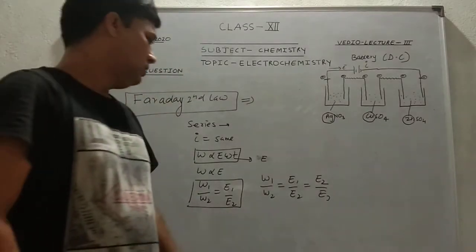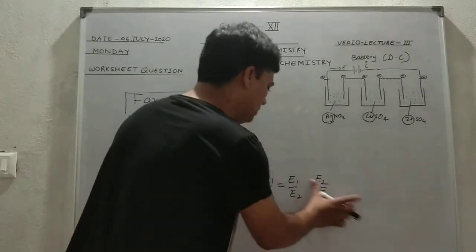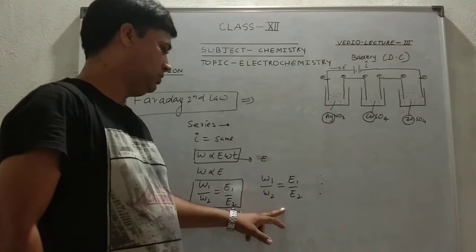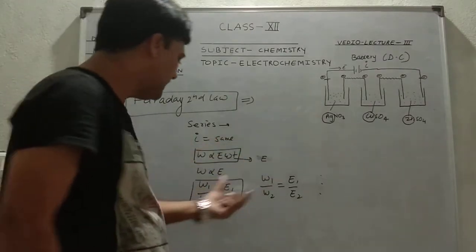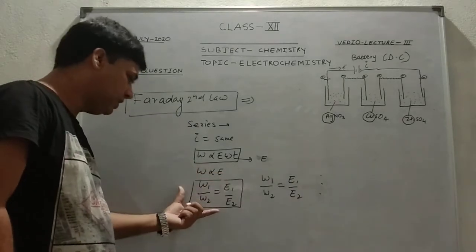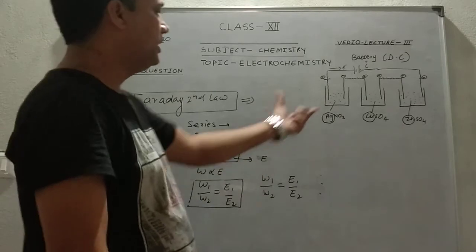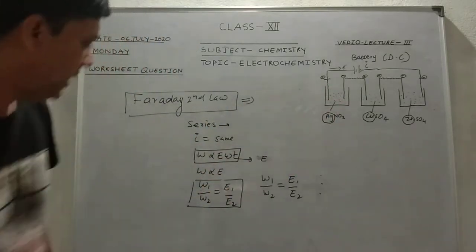So the amount of substance deposited at an electrode is directly proportional to its equivalent weight. This is a very, very important formula. With the help of this formula, we can calculate the amount of substance deposited at a particular electrode.